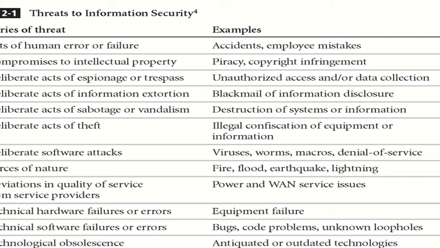As a way of also trying to categorize threats, we can have forces of nature. Forces of nature can be a flood, an earthquake, a fire, or lightning, or even any natural disaster that you can think of.